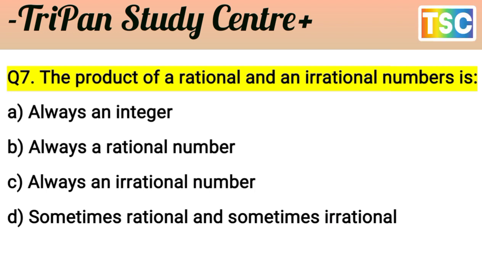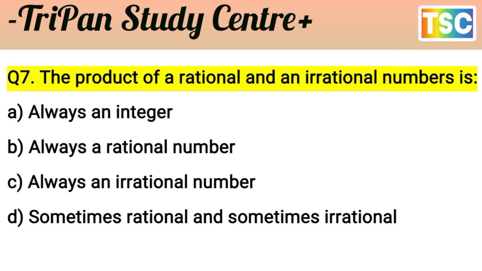C, always an irrational number. D, sometimes rational and sometimes irrational. The options are clear cut. Test your knowledge. First of all, I give you a few seconds. You must have a thought of your answer, note the right option in your notebook, and check again.